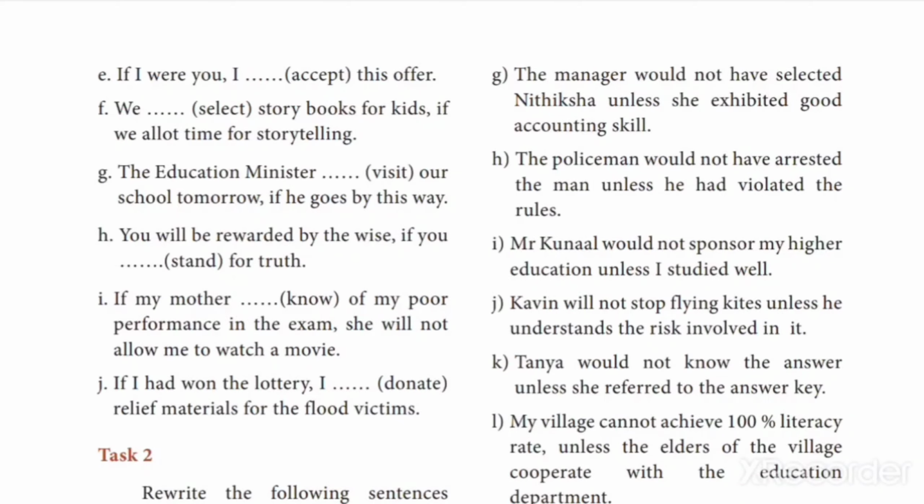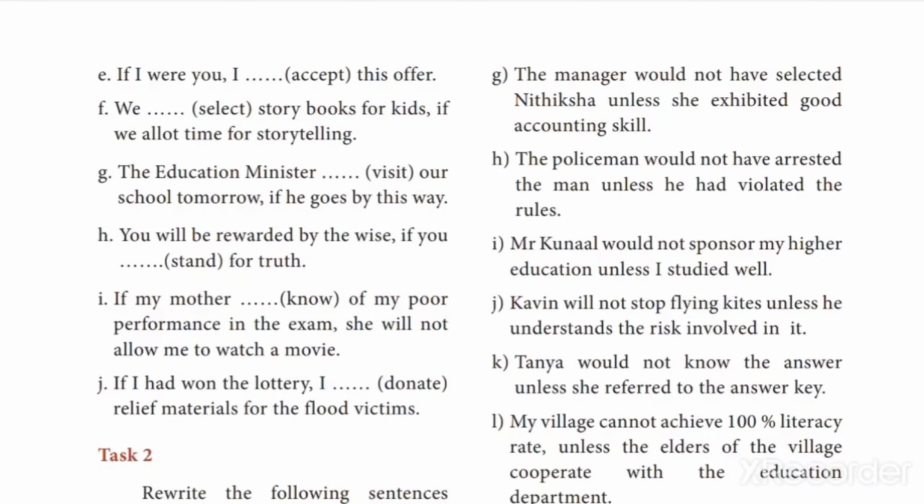Note this point, if she had not exhibited accounting skill. Coming to the next one, H. The policeman would not have arrested the man unless he had violated the rules. Now when we replace unless with if, the verb had violated must be converted into a negative one.